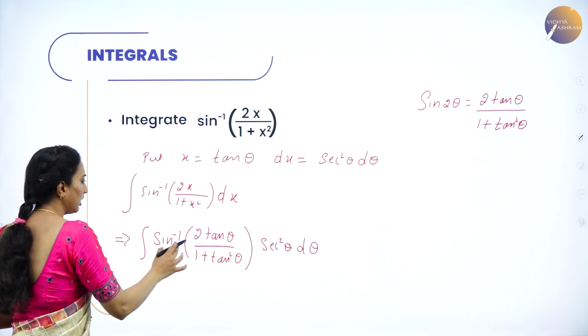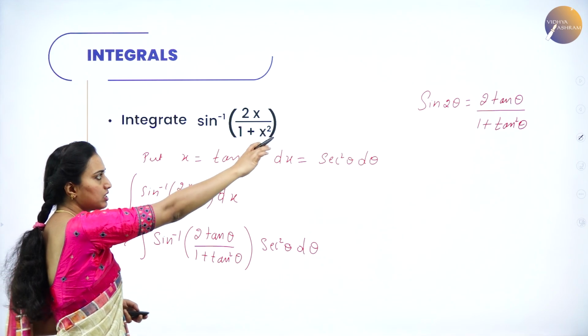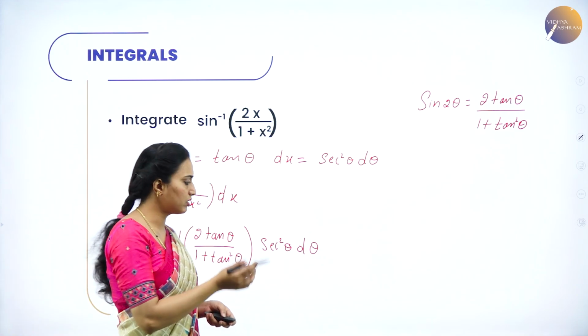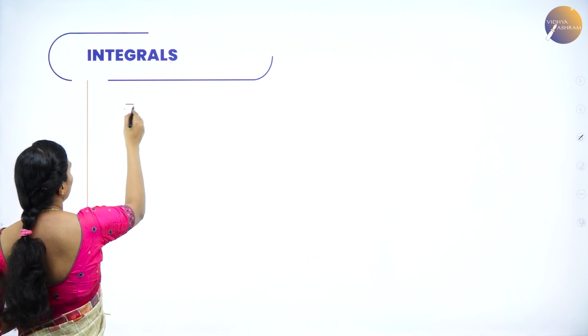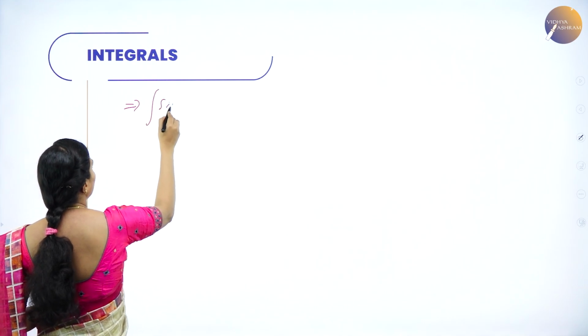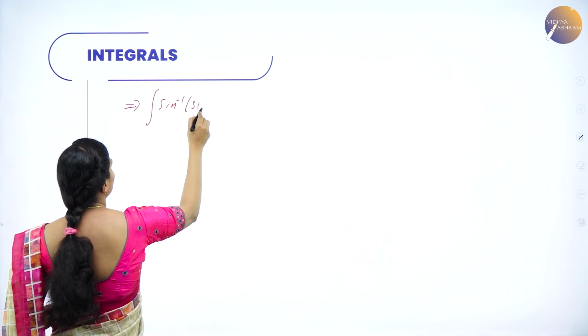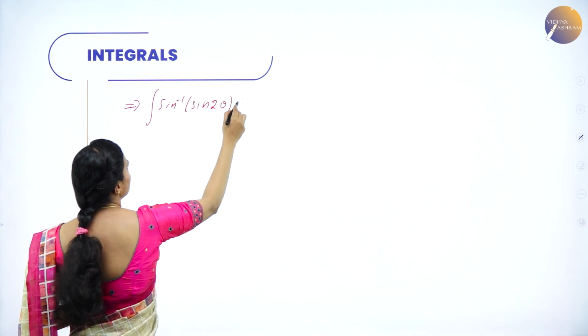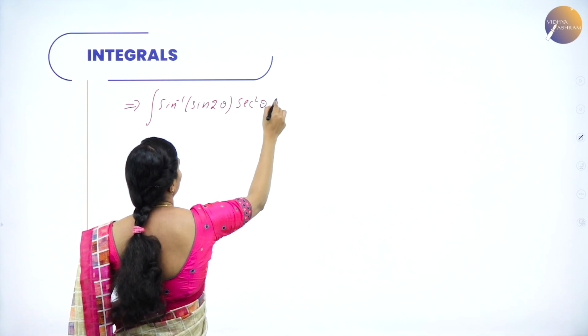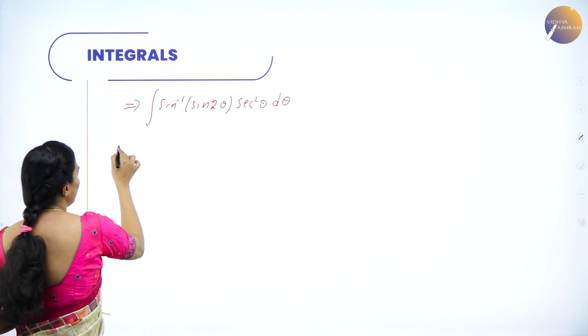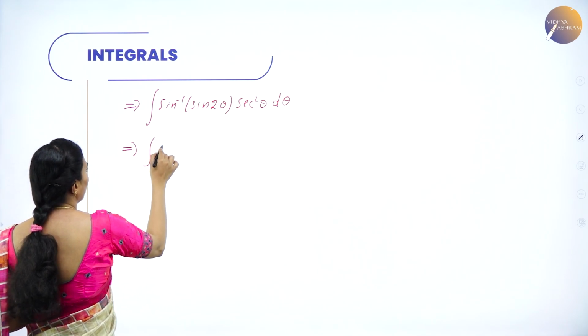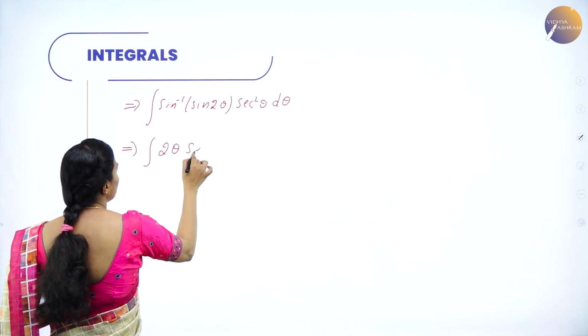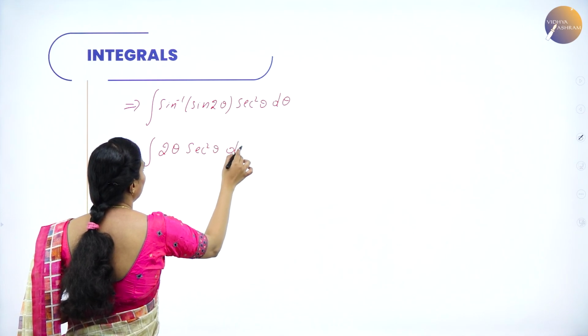Further simplification, sine inverse of 2 tan theta divided by 1 plus tan squared theta is sine 2 theta. Substituting that, you are getting integral of sine inverse of sine 2 theta into secant squared theta into d theta. Now, sine inverse will go, remaining is integral of 2 theta into secant squared theta into d theta.